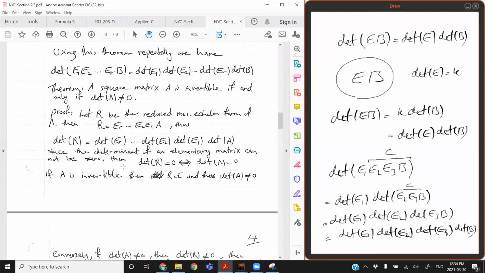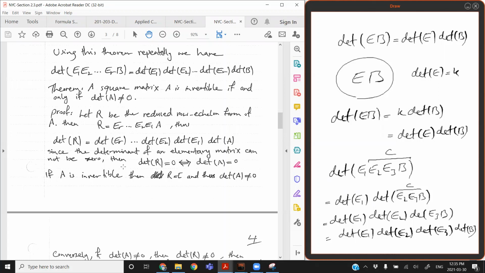Okay, so the next theorem, a very important theorem. This one actually adds one statement to those equivalent statements. I'm going to remind you of the equivalent statements. We have 6 of them so far. We say that if A is invertible, then the homogeneous linear system AX equals 0 has the trivial solution only.